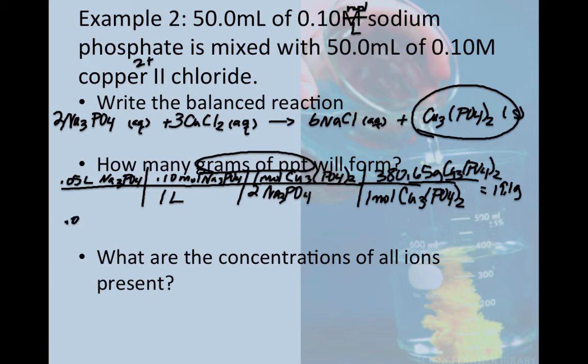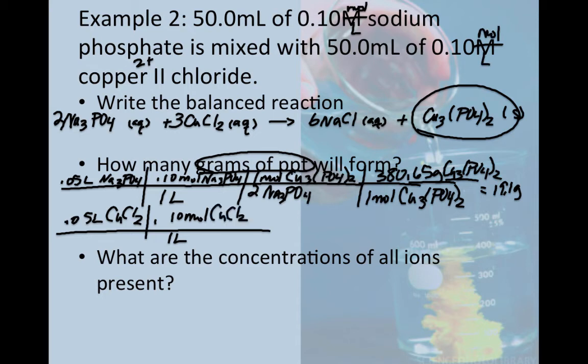So 50 milliliters again, and that is copper 2 chloride this time. And I had 0.10 moles per liter because the big M means moles per liter. And that's my copper 2 chloride. So let's use our balanced equation to write the mole ratio.